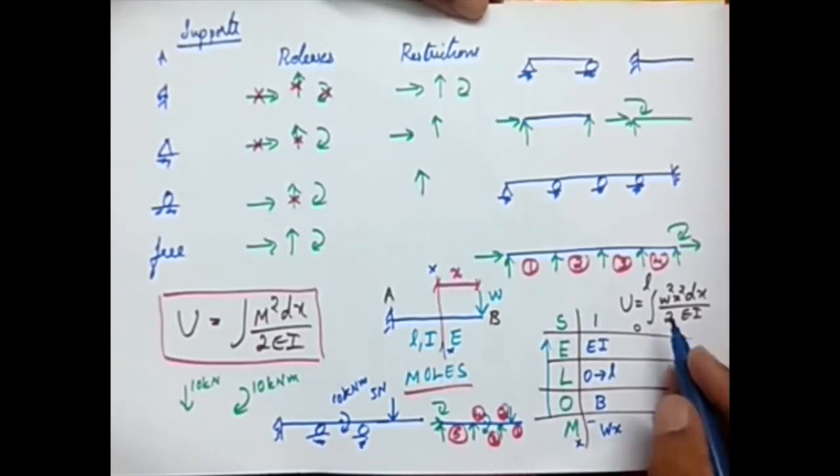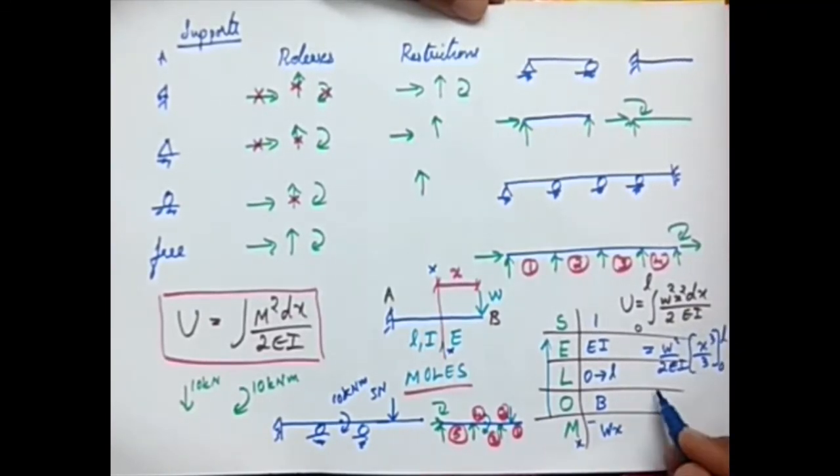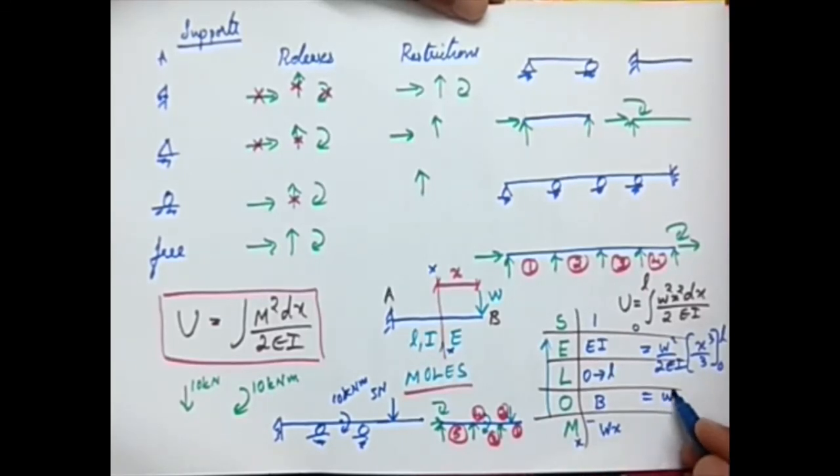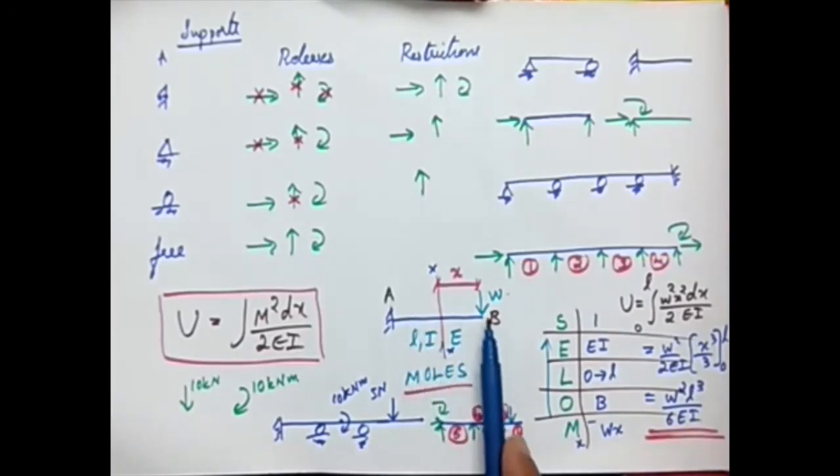Once I do this integration, I'm going to get W squared by 2EI, as EI is constant, I'm taking it outside. The integral of X squared is x cubed by 3 in the limit 0 to L. If I substitute the limit, it's going to be W squared L cubed by 6EI, which is the strain energy of this cantilever beam subjected to a point load at the free end.